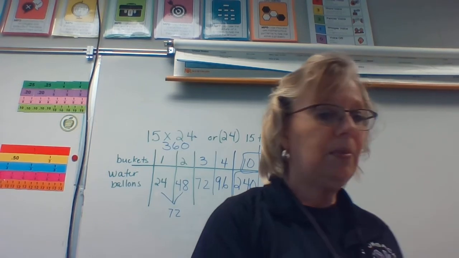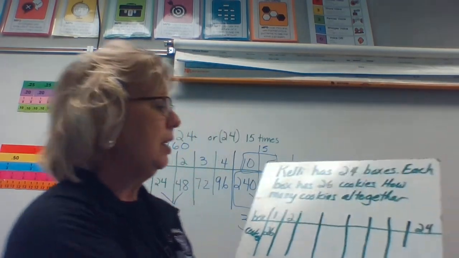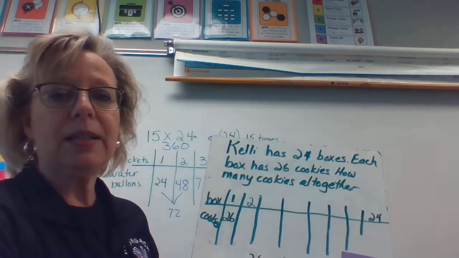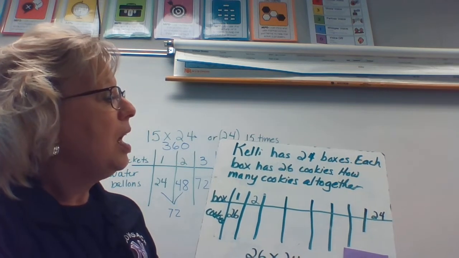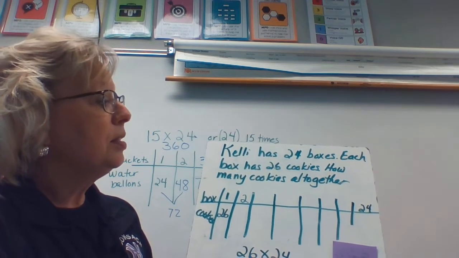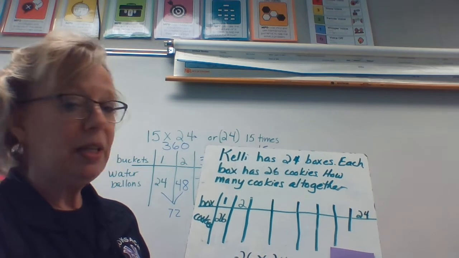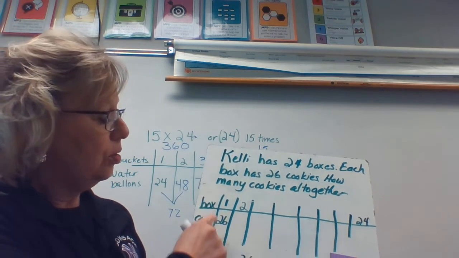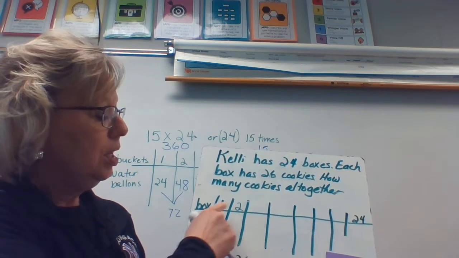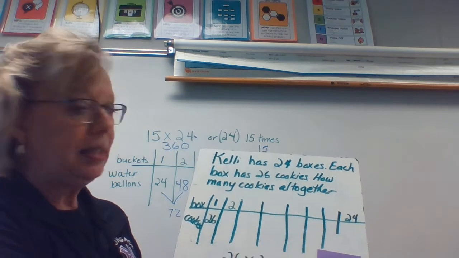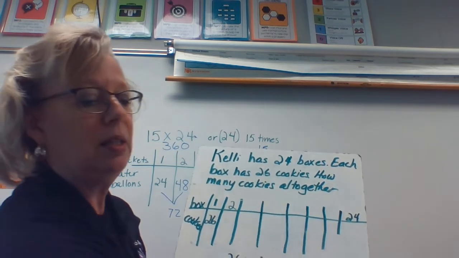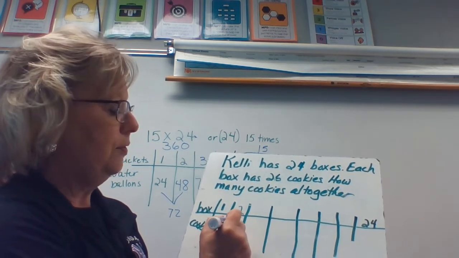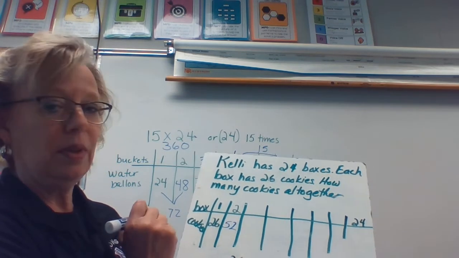My next story problem is Kelly has 24 boxes. Each box has 26 cookies. So how many cookies altogether? So one box has 26. Two boxes would have twice as many. So two boxes would have 52.